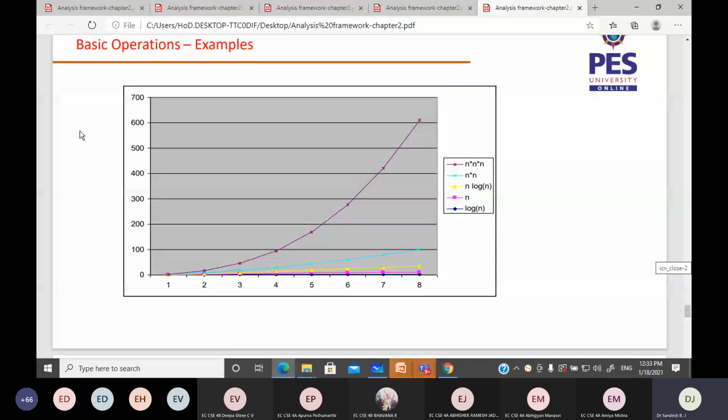If you take different algorithms with different complexities like log n and n cube, and plot the graph for varying input size, it is clear that for larger inputs the algorithm with complexity n cube takes larger time compared to log n and n.